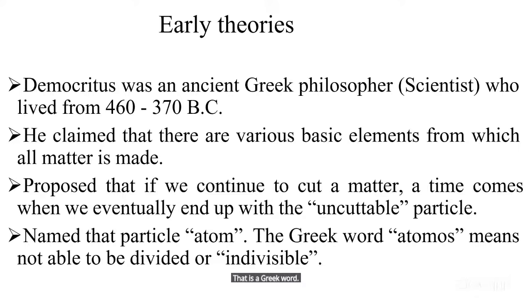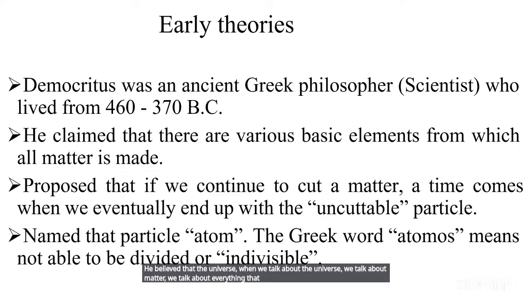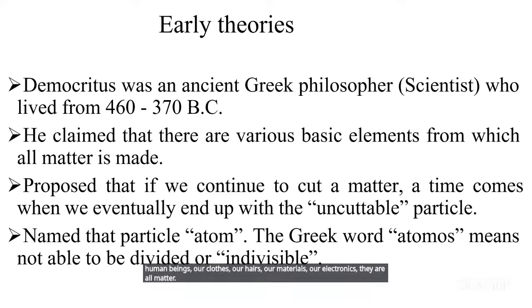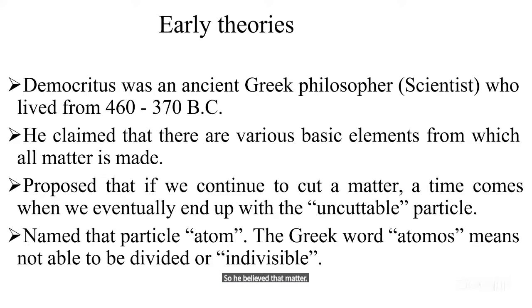This atomos means indivisible. When we talk about the universe, we talk about matter, everything that ever exists. Human beings, our clothes, our hairs, our electronics, they are all matter. So he believed that matter is made up of indivisible units, and this unit he called atoms. So that is his belief.